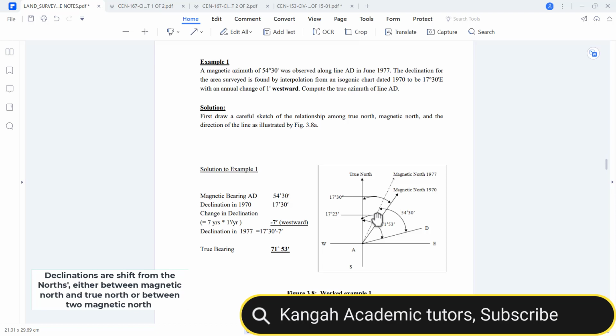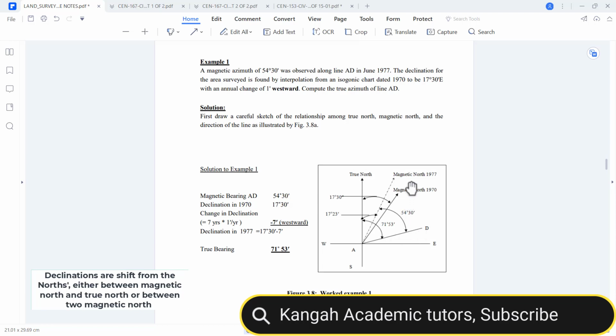So you can see that you have to get that small declination here. If you are able to determine the small declination between the magnetic north of 1977 and the magnetic north of 1970, we will be able to get the correct or true north for line AD.